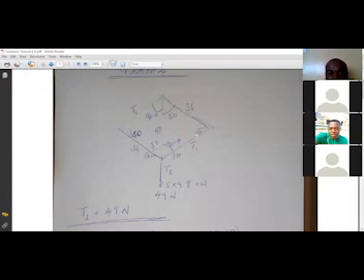Theta is also theta there. But it's not really helping us at this point, because we cannot really confirm this is a right angle triangle. So we skip that.